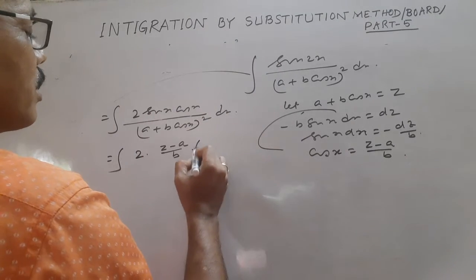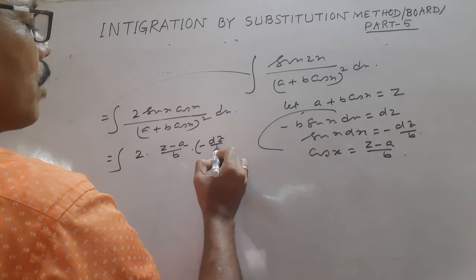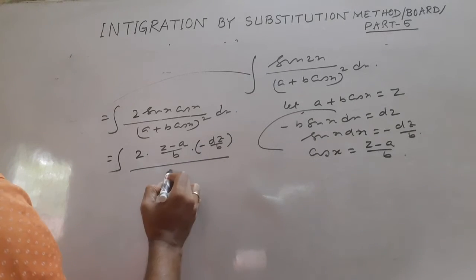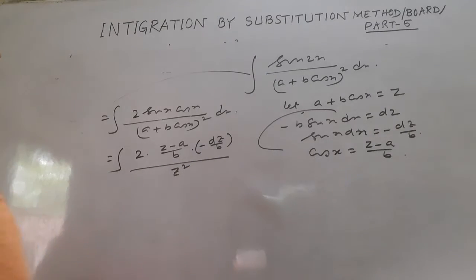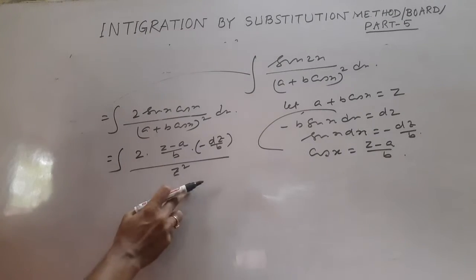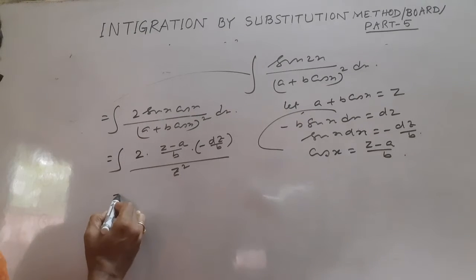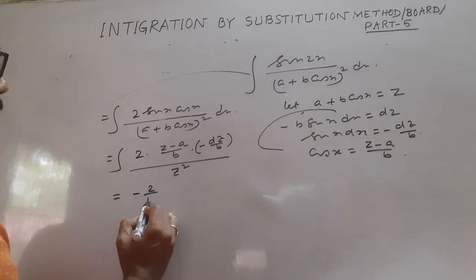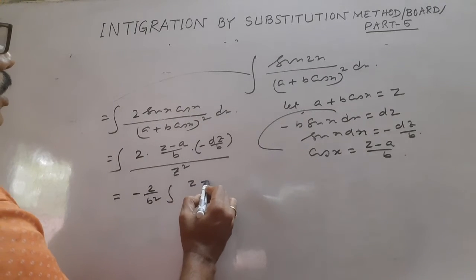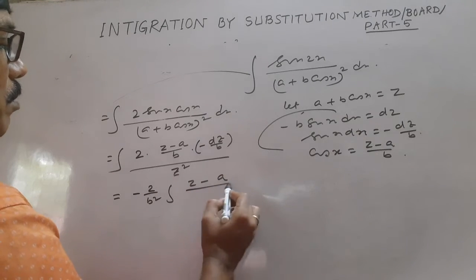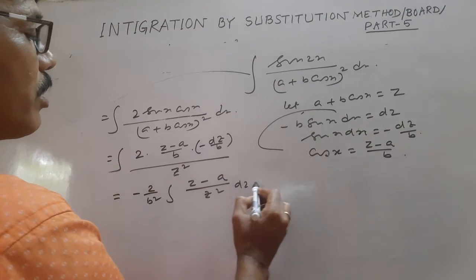Sin x dx is minus dz by b. Then this one is z square. So minus 2 by b square outside, (z minus a) by z square dz.